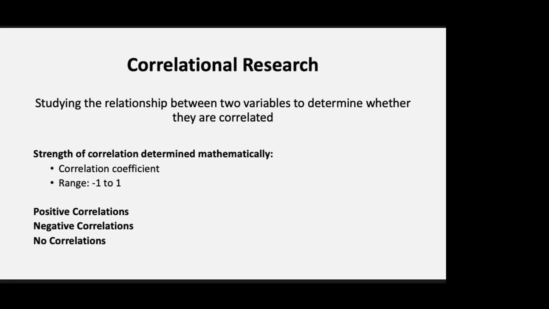So let's say we're looking at two other variables. Let's say we're looking at the number of murders that occur in a summer, okay, and the level of ice cream sales that summer. So let's say that we found a correlational relationship where as ice cream sales increase, the number of murders decrease, okay.